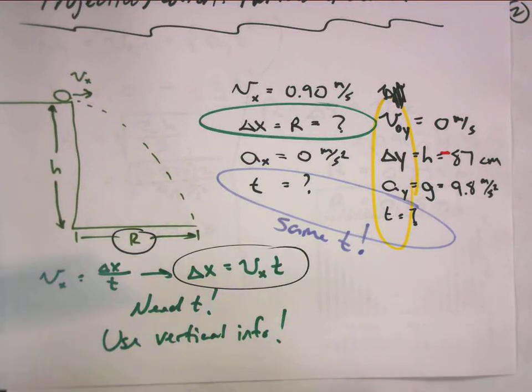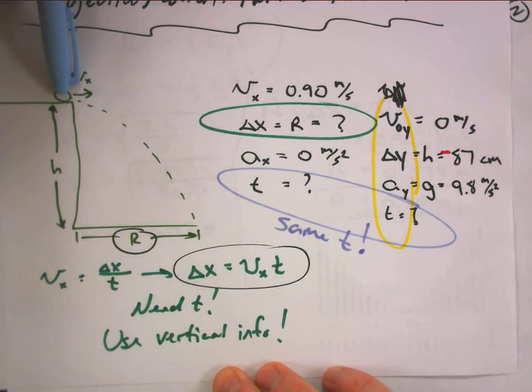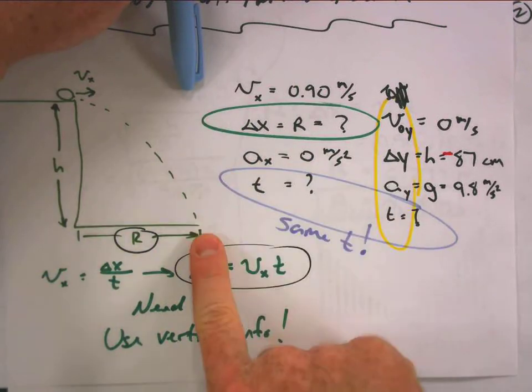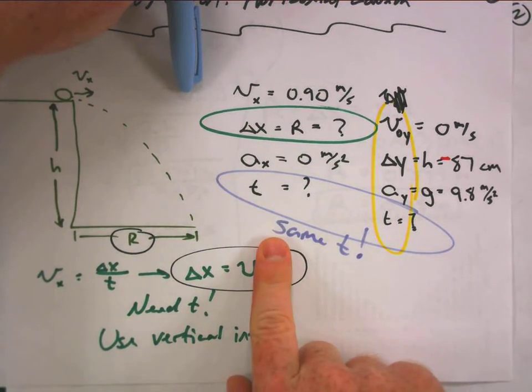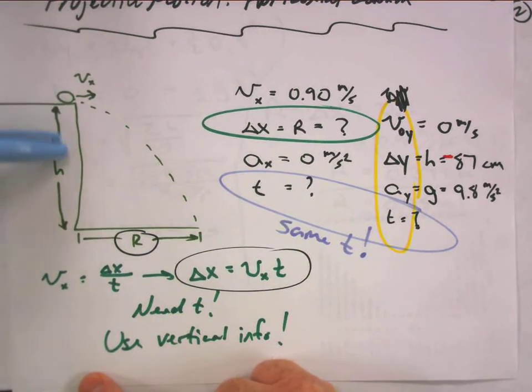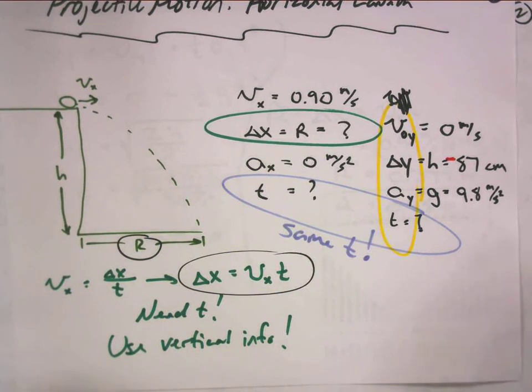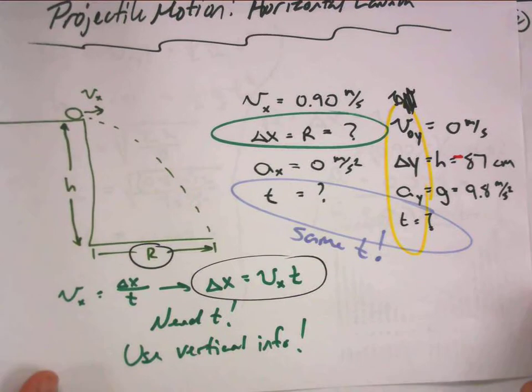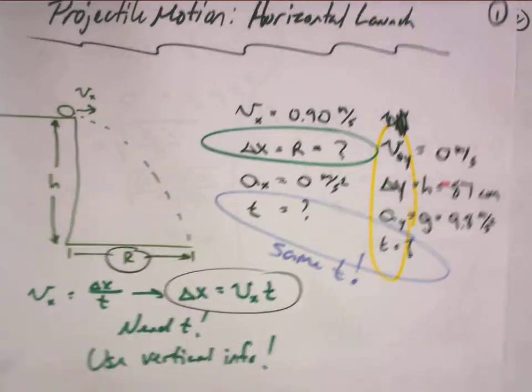The time it takes to move this horizontal distance to the point where it lands is the same time that it takes to move from this vertical position to the floor. Time is what links your horizontal and your vertical information together.